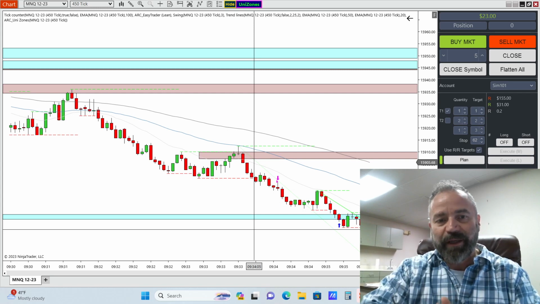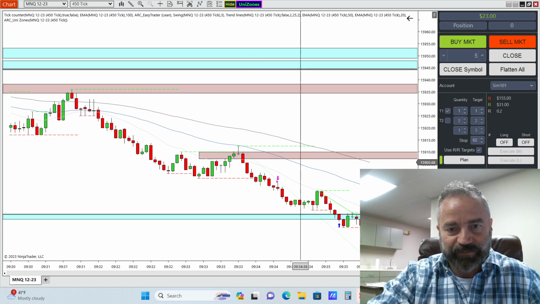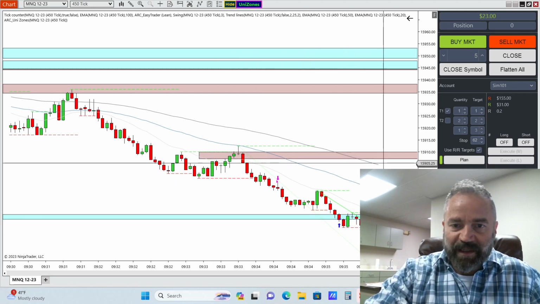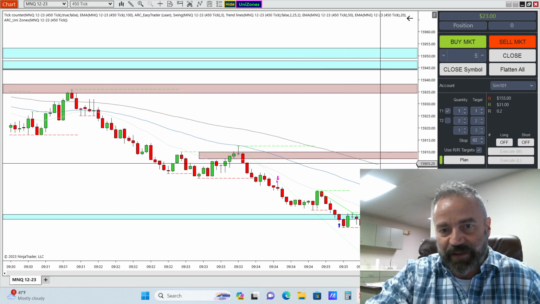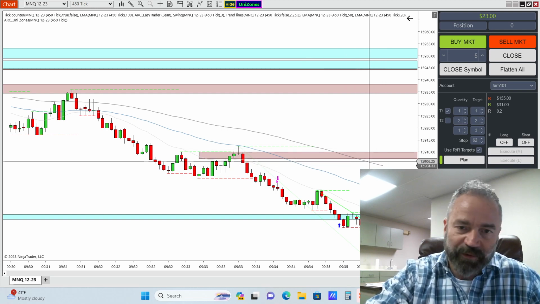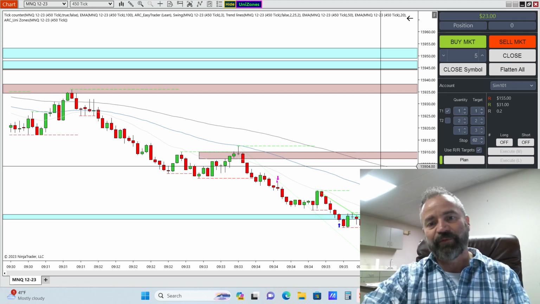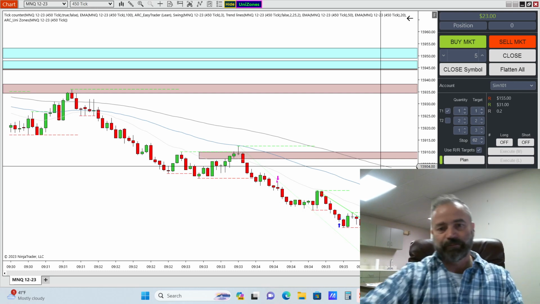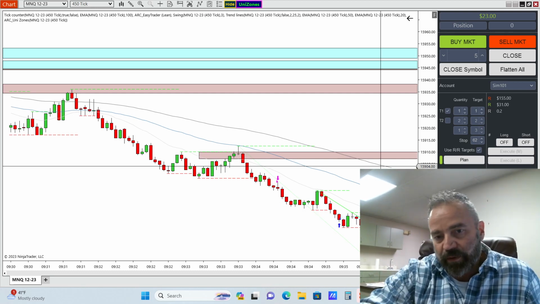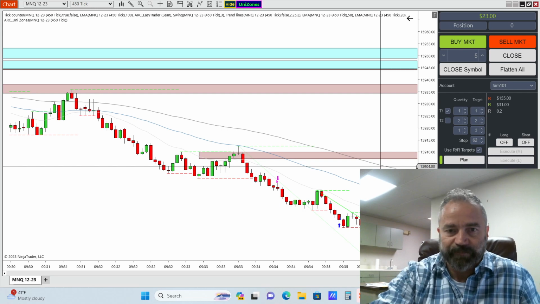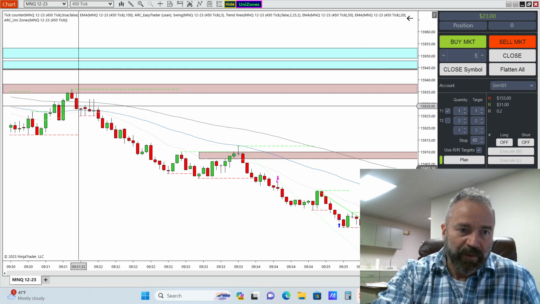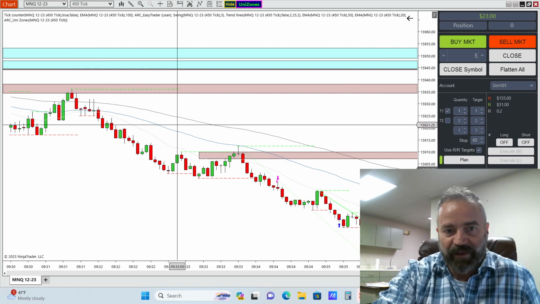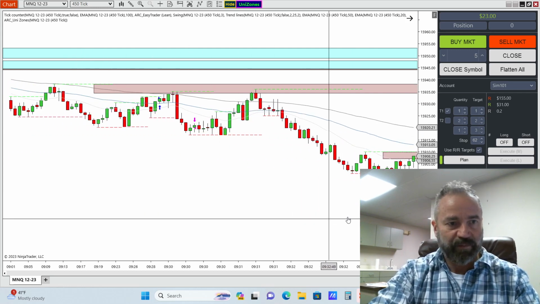Now, typically what I'll wait before I take another trade is I'm either going to wait for this to get above or to touch the 20 or the 100 EMA to reset everything before I take another trade. Really what you want to see is all these EMAs going in the same direction.